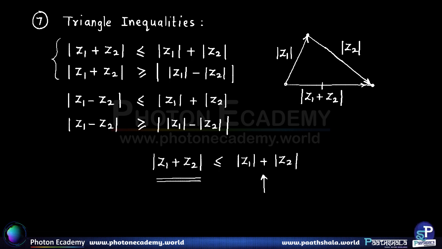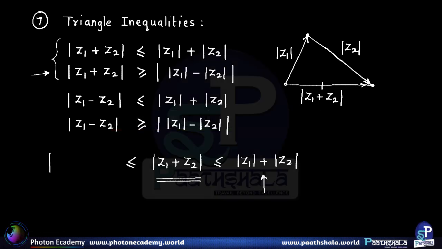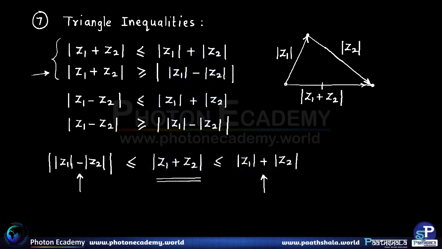On the other hand, if we incorporate the second property, it has to be greater than or equal to mod of mod z1 minus mod z2. So this is the least possible value of mod of z1 plus z2. Similarly, we can also write the corresponding inequality for the other case.